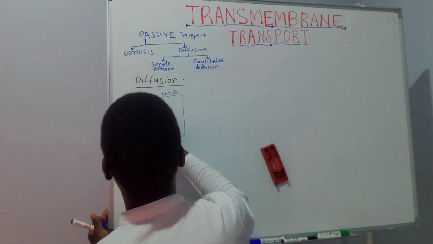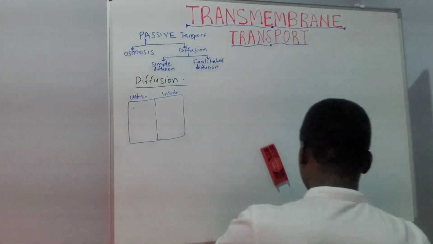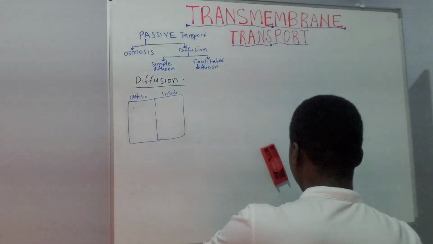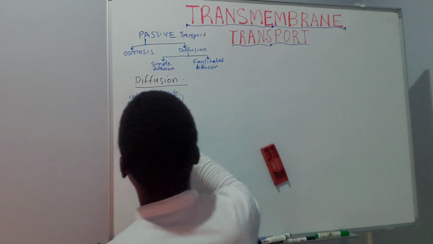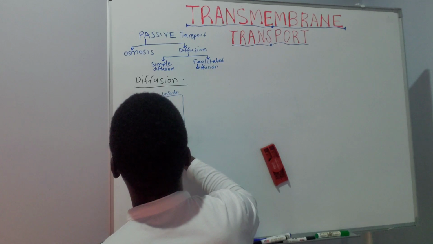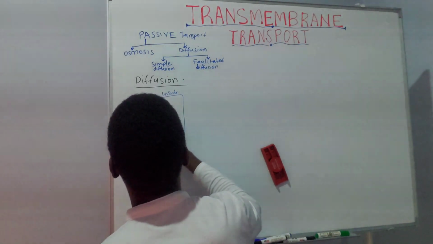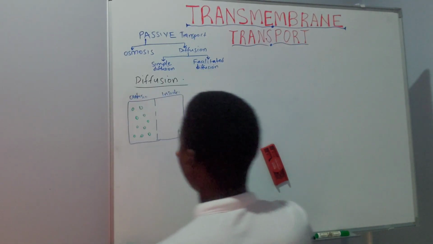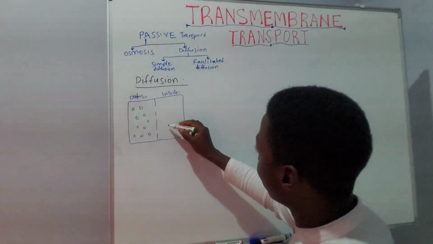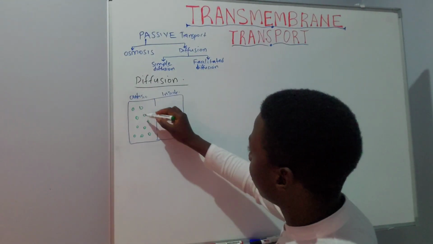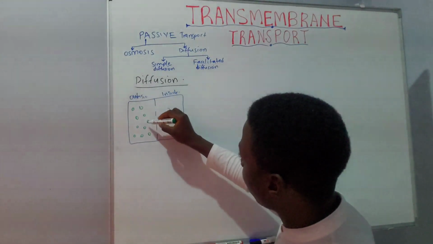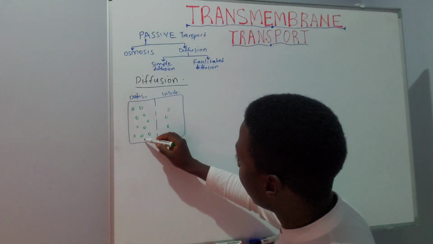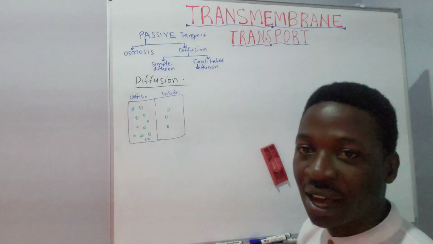We have different molecules here, molecules of a substance, say water, for example. These molecules are highly concentrated here. For example, 1, 2, 3, 4, 5, 6, 7, 8, 9, 10. There are about 10 molecules here, highly concentrated.